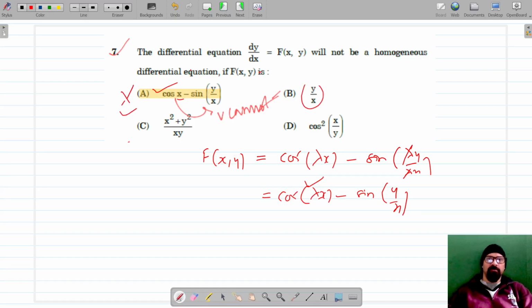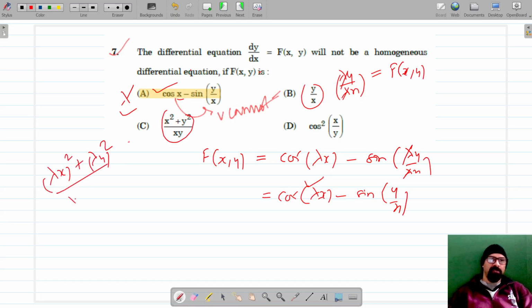differential equation, because in all other functions, if we substitute y with lambda y and x with lambda x, we still get y by x, which is the original function. Similarly here, if we substitute x with lambda x and y with lambda y, for this the common factor is lambda square, and here it's lambda square into x and y.